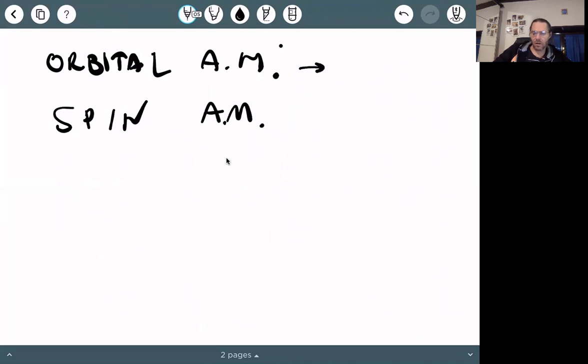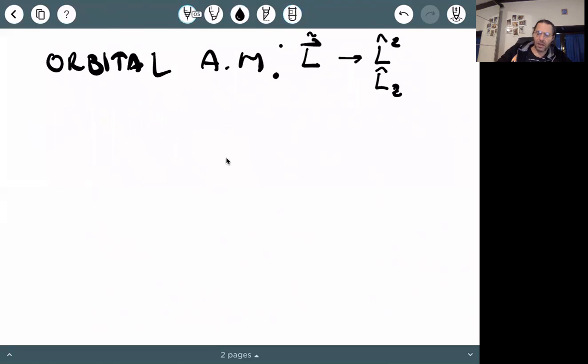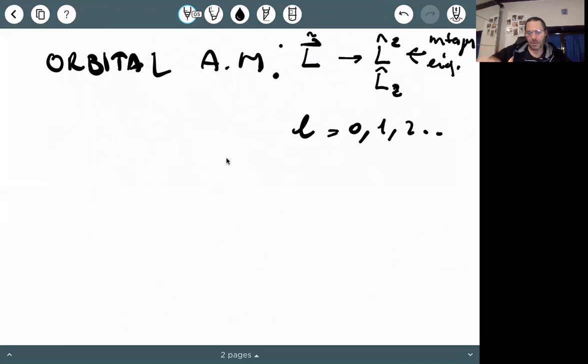If I construct my triplet of operators and deduce these two maximally commuting set of operators, L squared and Lz, then the orbital angular momentum has only integer eigenvalues. L equals 0, 1, 2, and consequently, for each of them, M will take values from minus L to L in integer steps.